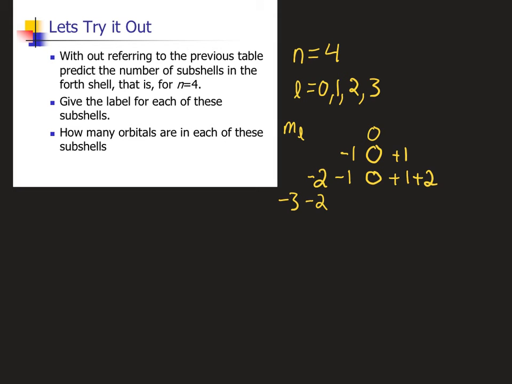After negative 2, it comes negative 1. After negative 1, it's 0. Then plus 1. Then positive 2. And then plus 3.